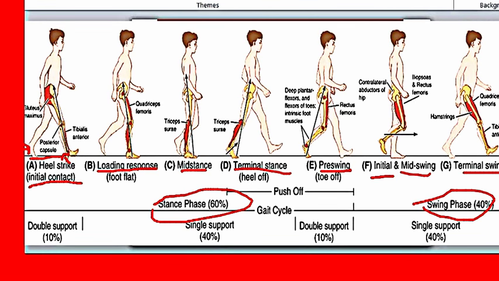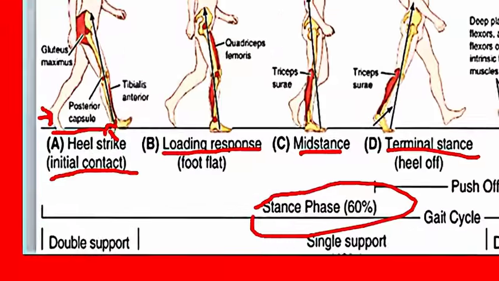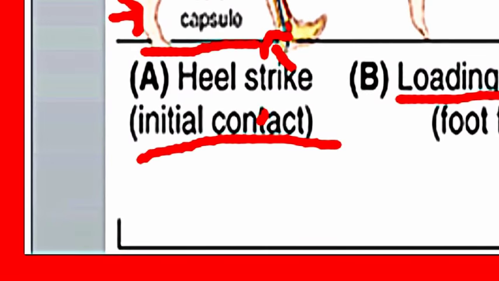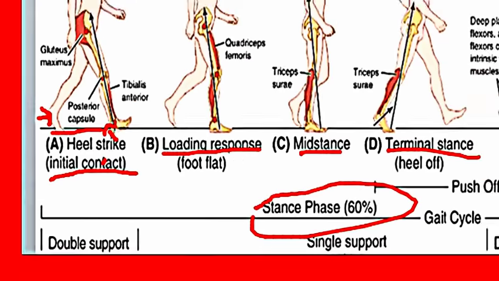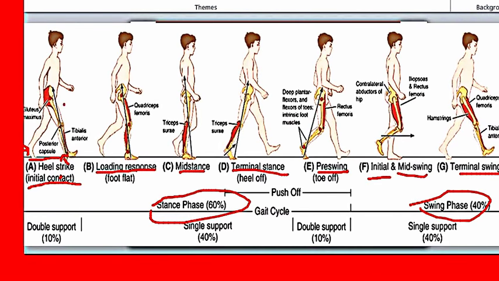Okay, so let's begin with the initial contact. In initial contact, you're looking at the tibialis anterior group, which eccentrically slows down the ankle foot, especially before loading response.